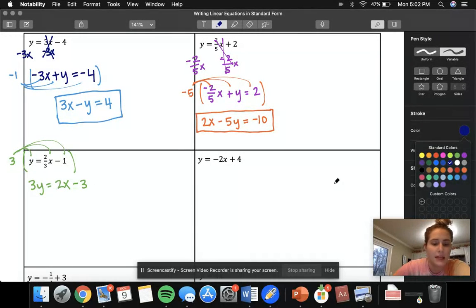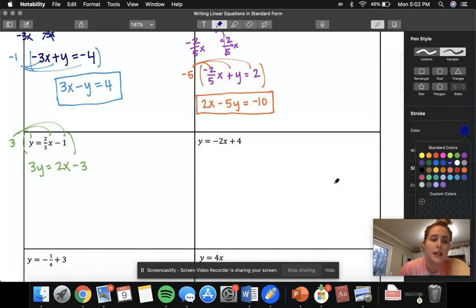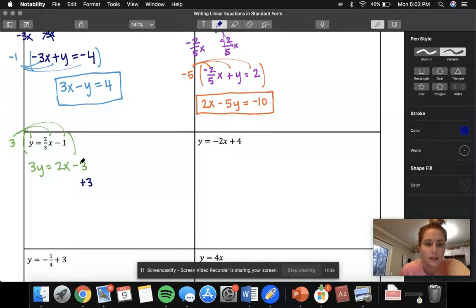Okay, then we could either subtract this 2x over, okay? But I'm gonna show you guys a different way, okay? What I'm gonna do is I know that a value, this x, needs to stay positive. So what I'm gonna do is I'm going to move this constant, this 3 over, and it becomes 3y plus 3 equaling 2x.